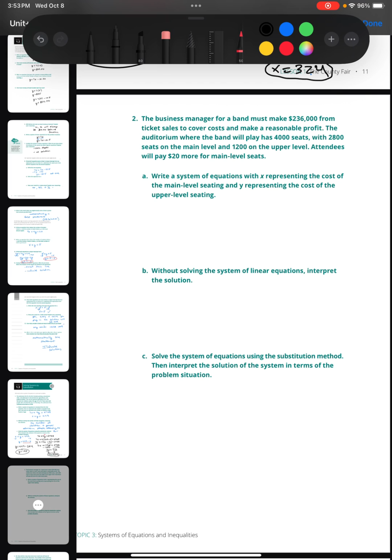So for the main level, 2,800x on the main level plus 1,200y on the upper level equals 236,000 total. And then we could write a second equation. It says they'll pay $20 more for main level seats.